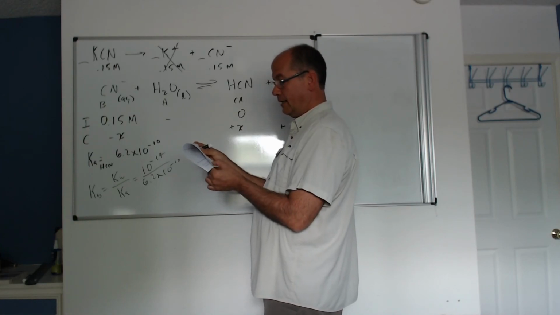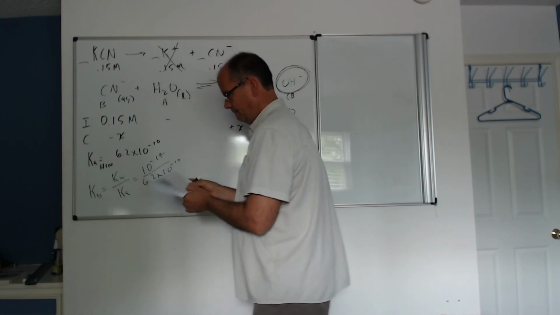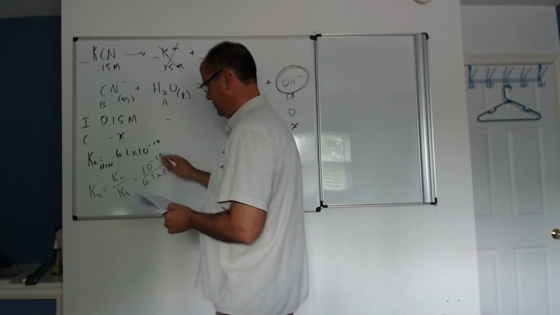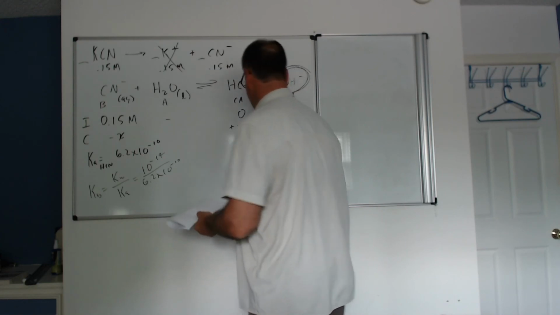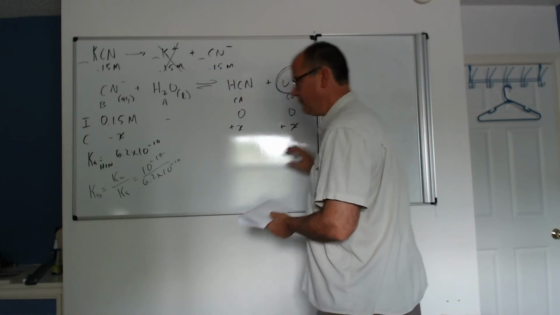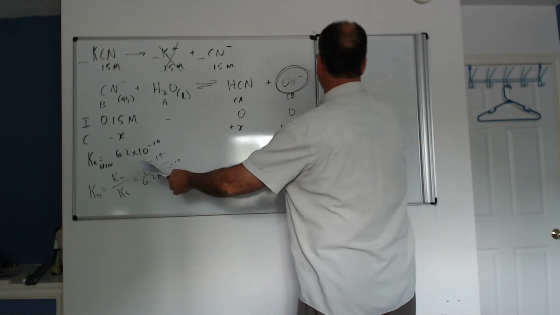So this is your Kb. You can plug it in now or you can plug it in later. So is this still a glare here? Yeah. So the Kb then, well, let me just put it over here.